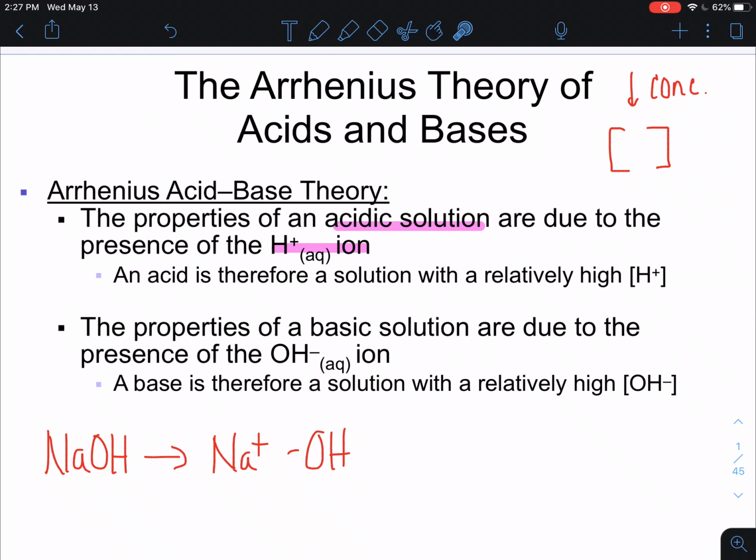So if you have hydroxide anions and this H plus proton in solution, and you have more hydroxide anions than protons, that solution is considered basic. We'll talk more about that in a little bit.